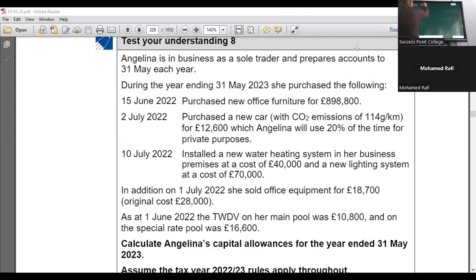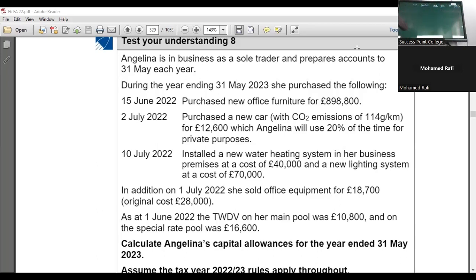After that, we can draw main pool column. Then there is a private use asset. Then there is a special rate pool, I guess. So first, we will draw that special rate pool, SRP, then private use asset, and we will write the business usage as well. And finally, we can make a column of allowances.